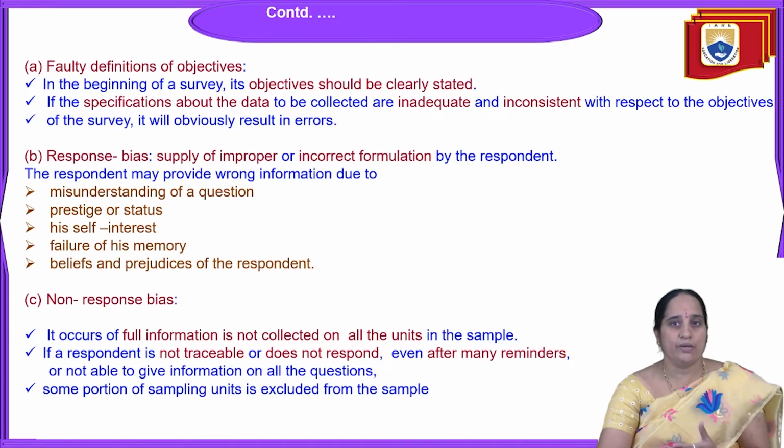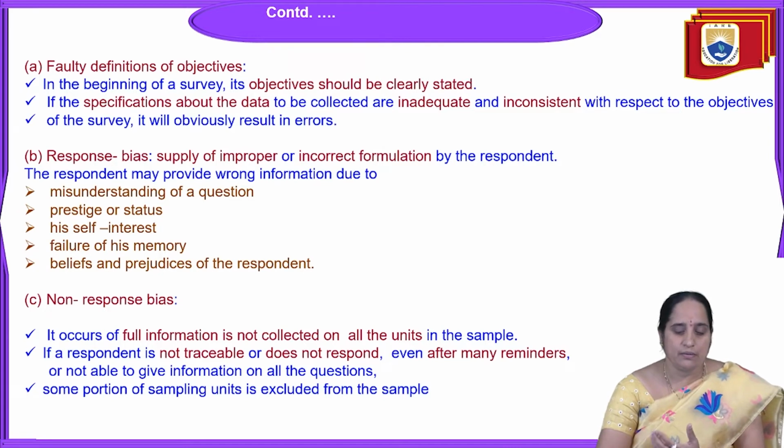And that survey we can carry out with various methods. At the time of conducting these surveys, sometimes the respondents hesitate to provide information. This may happen due to many reasons.